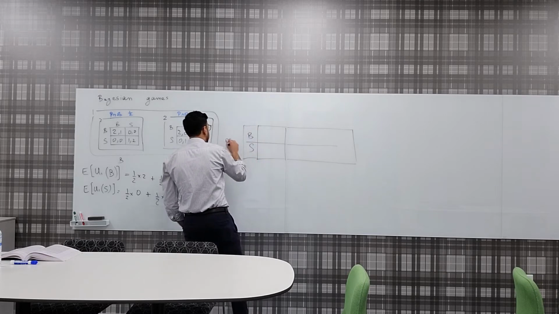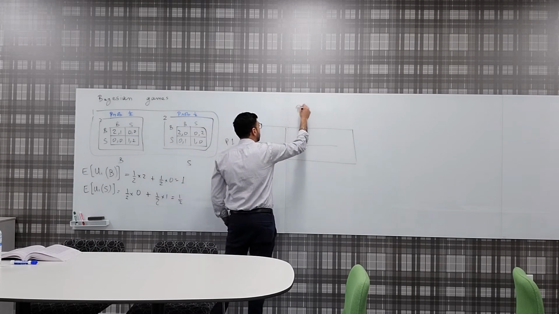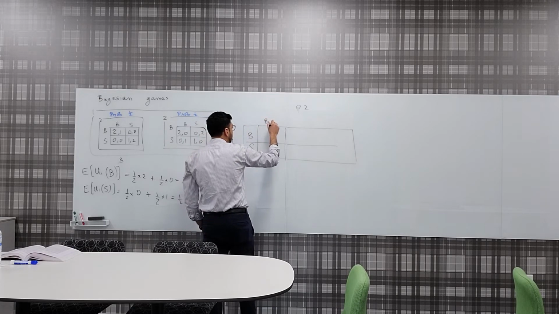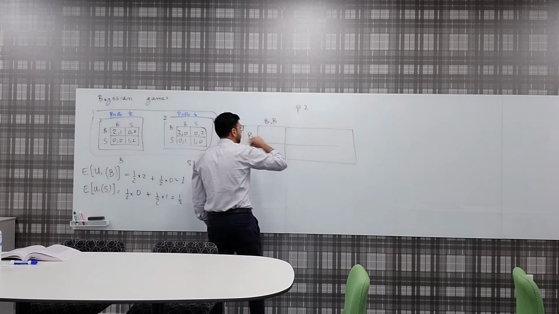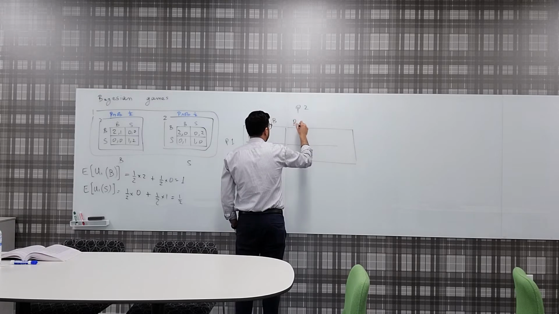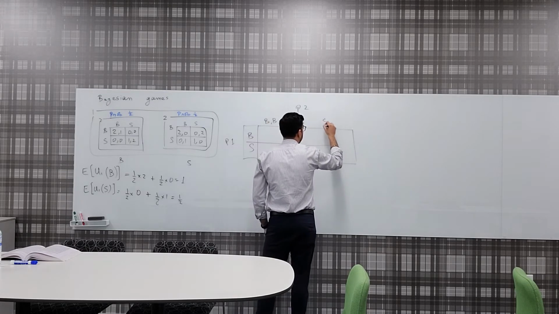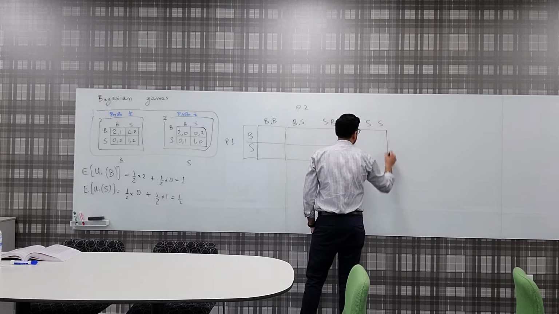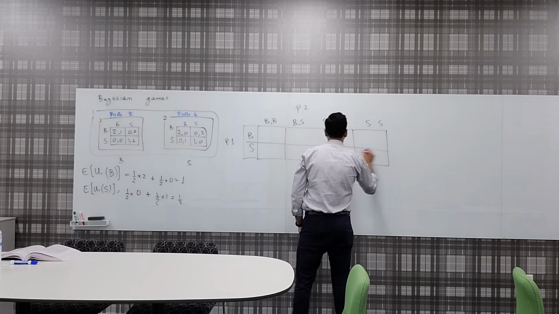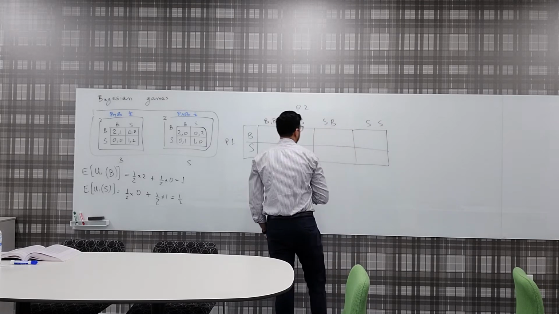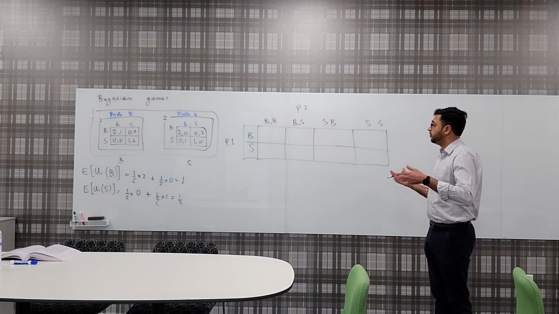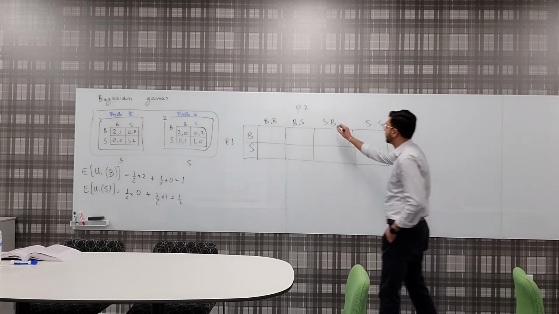This is player 1, this is player 2. Let's say player 2 plays B, B, or B, S, or S, B, S, S. These are the 4 options for player 2, right? You've got BB, BS, SB, and SS.